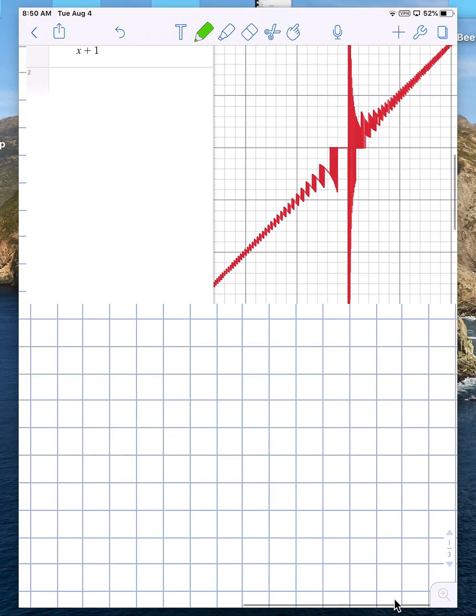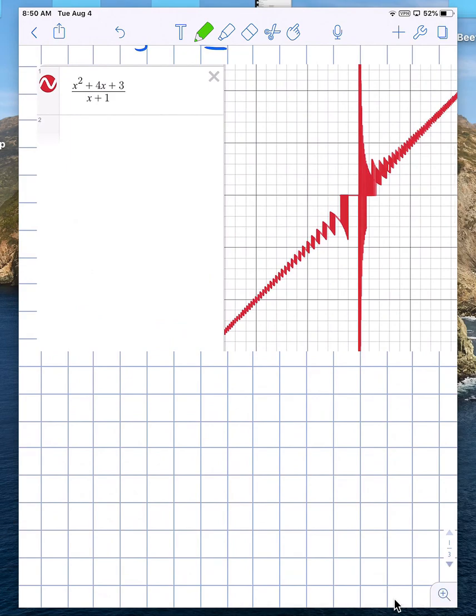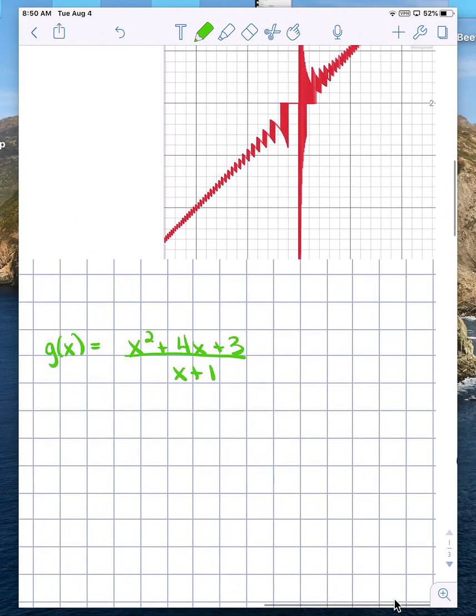I'll be drawing the function to look more like this. So if we have this function g of x equals x squared plus 4x plus 3 over x plus 1, if I were to graph this by hand, this is how I would show it, and this is how you should show it too.